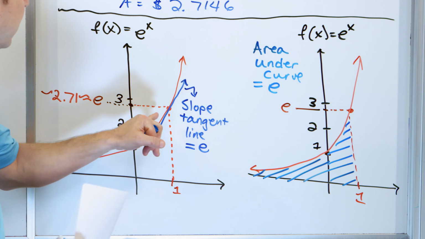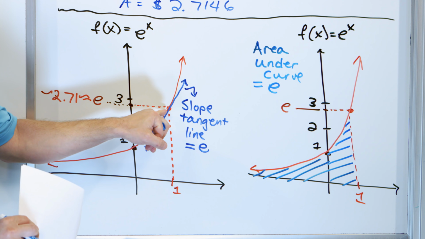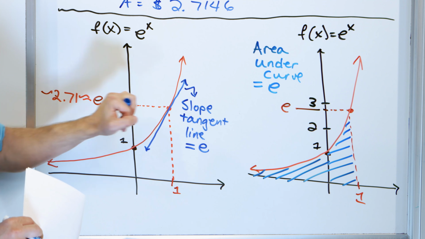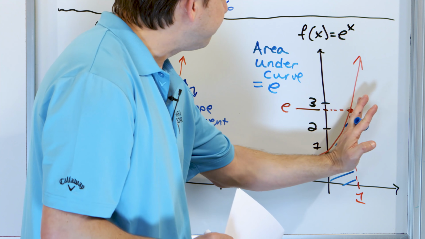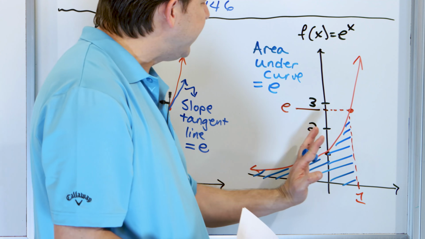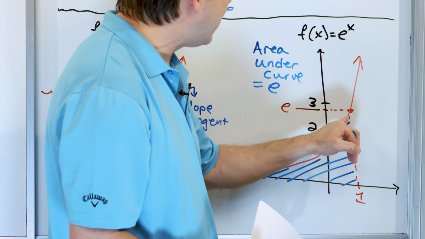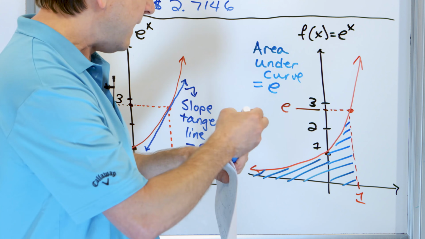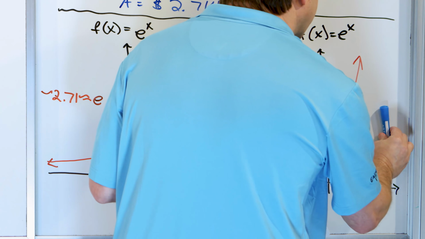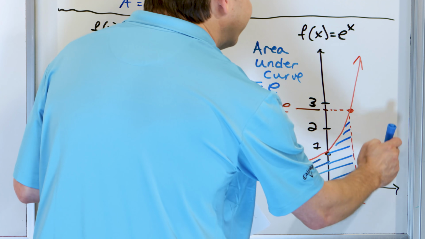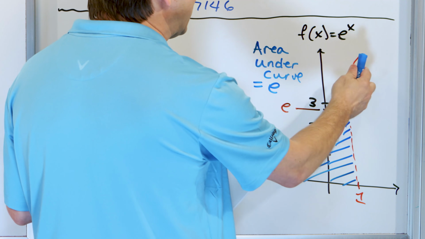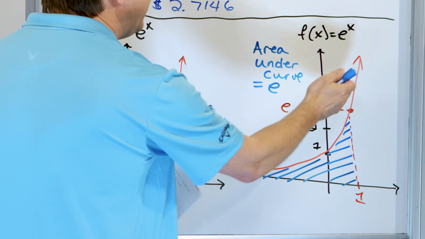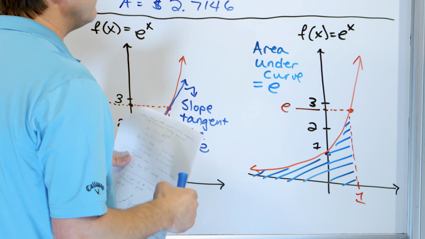So the slope of any point on this curve, of a tangent line, is equal to the value of the curve itself. And the area under this curve up to this point, all the way from negative infinity up to and including this point, is also equal to the value of the curve. So if I go over here so that I'm looking at the number 2 and then the value over here is e to the power of 2 or something like that, then the surface area underneath would be equal to whatever the value of the curve is at that point.